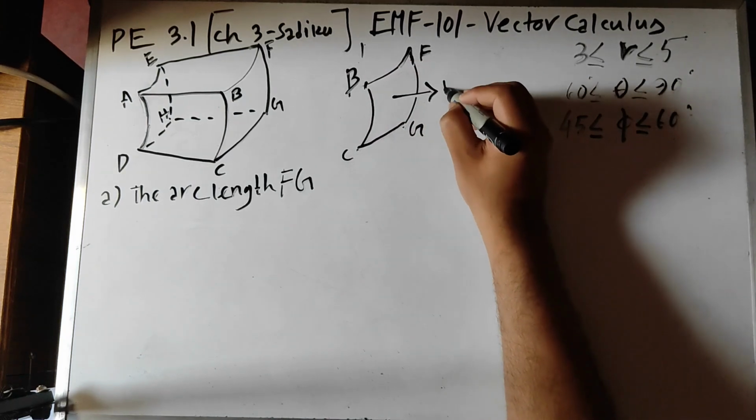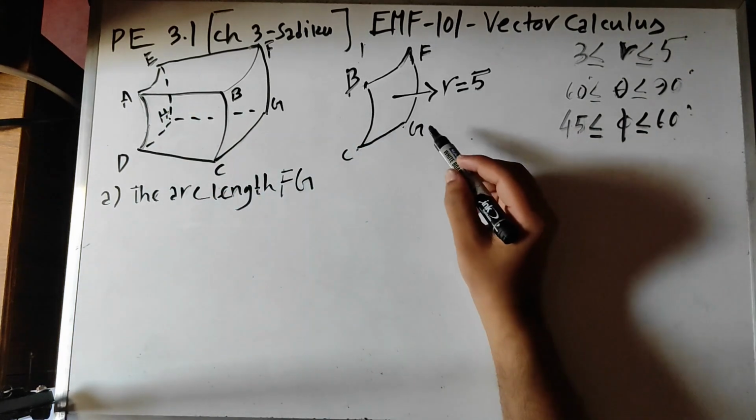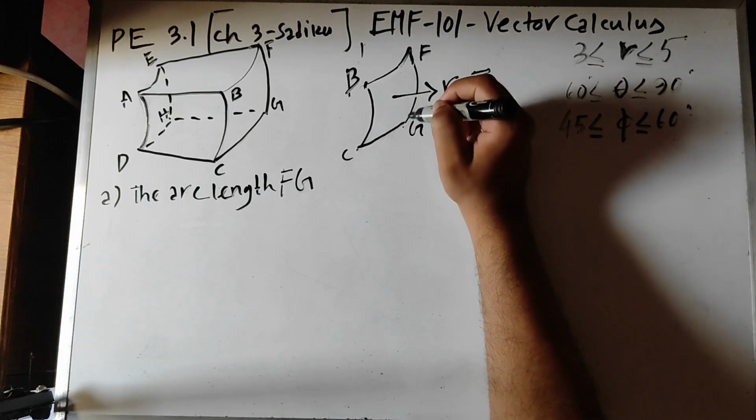So this is r equals 5. Obviously you can see that. So we have to find the length FG.